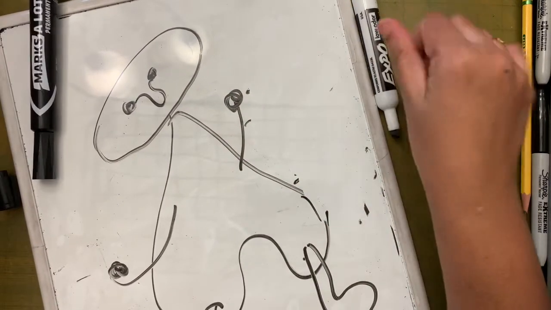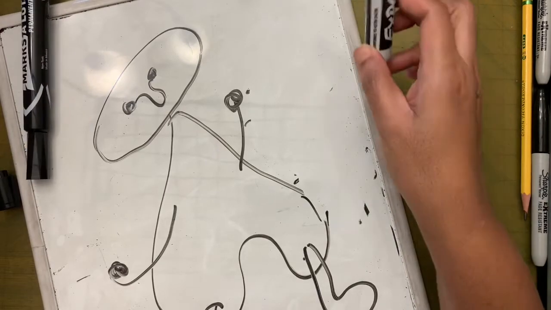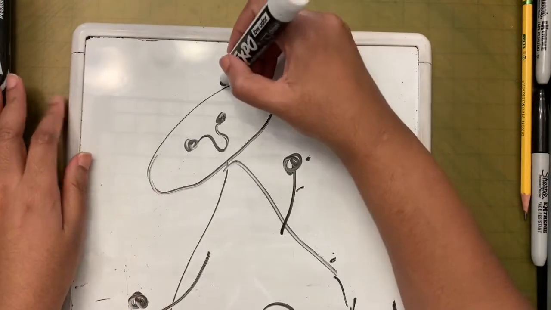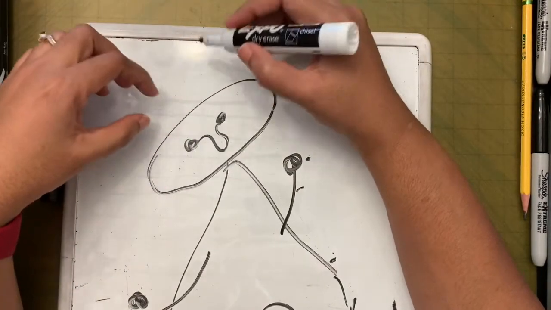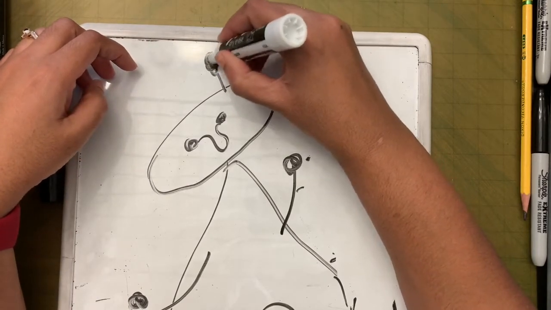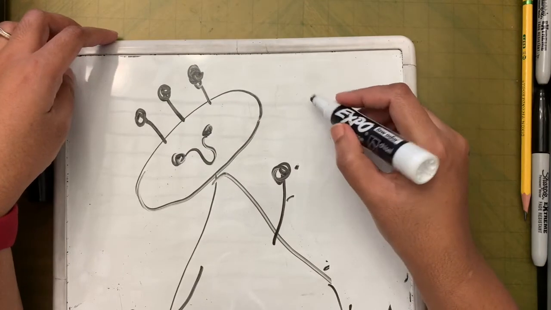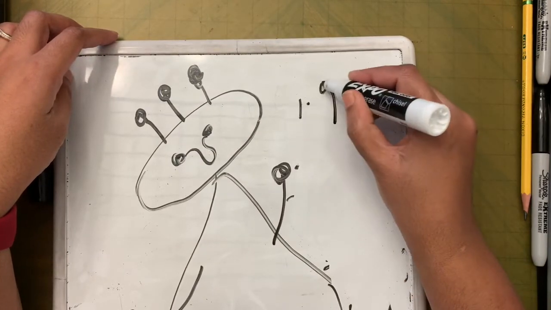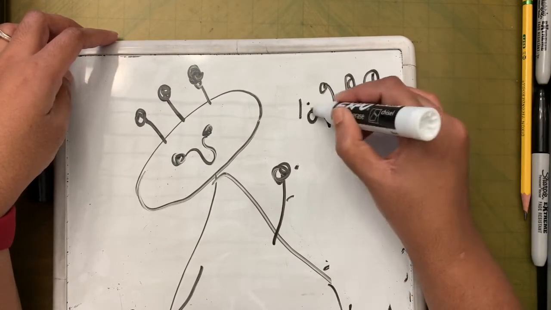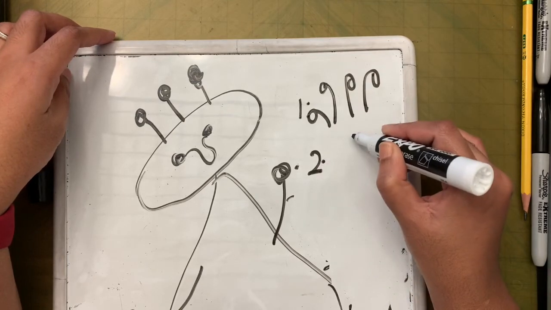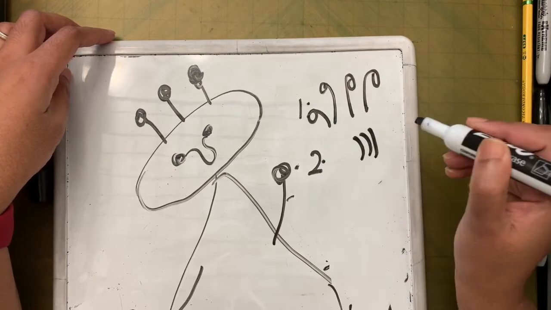So then on the head he has like additional things, things like that. Maybe I'll add a few, maybe like that, or just like this.